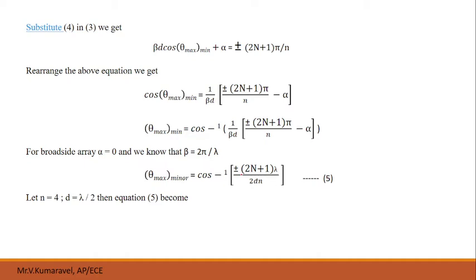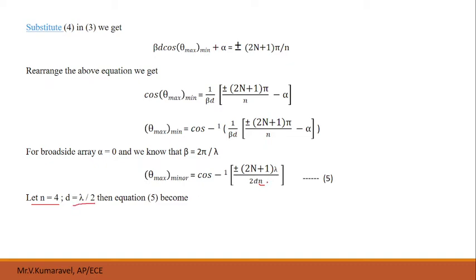Now small n is the number of elements in an array. Let us consider n equal to 4, so we have 4 elements in the array. And small d is the distance between the elements, which here we consider to be half wavelength, lambda by 2.